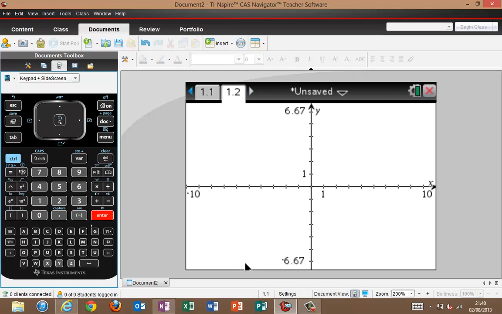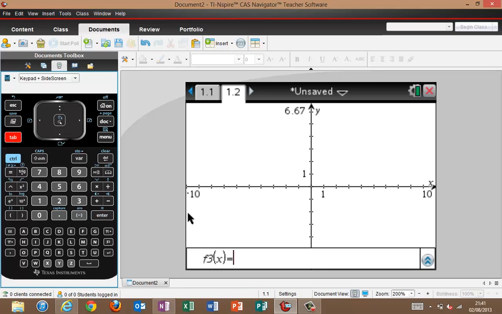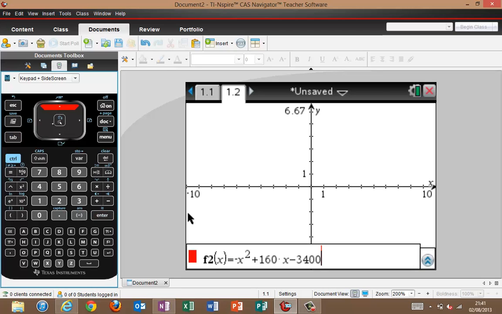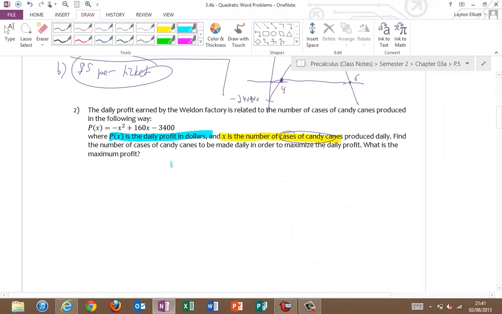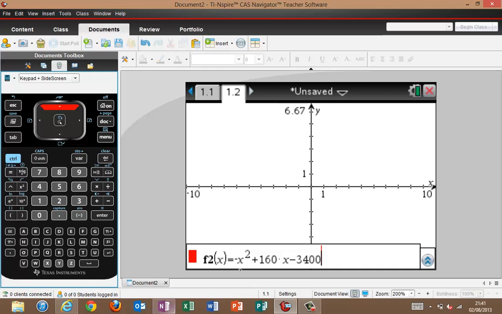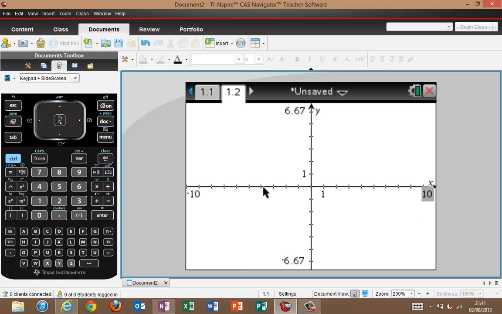You should be trying to figure out where your window is, and as you can see, I don't really see anything here. Let's make sure that I got the equation right. Yep. My y-min is at negative 3400, and this is also a downward parabola. So let's expand our scales a little bit. If I were to factor that, I'd be looking for factors of 3400 that differ by 160. Let's maybe make my x max be something like 500.